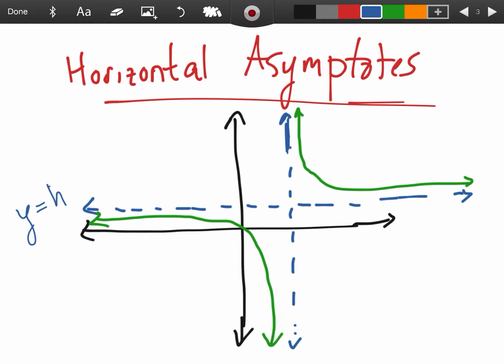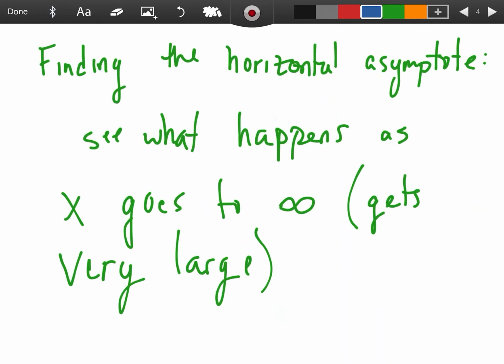So in some cases, maybe my x is going up to positive infinity and my y value approaches y equals 1, or y equals 0, y equals 4. It's some value that as I scroll further and further along that graph, it's going to get closer and closer to that value, but never actually touch it. So, finding the horizontal asymptote.